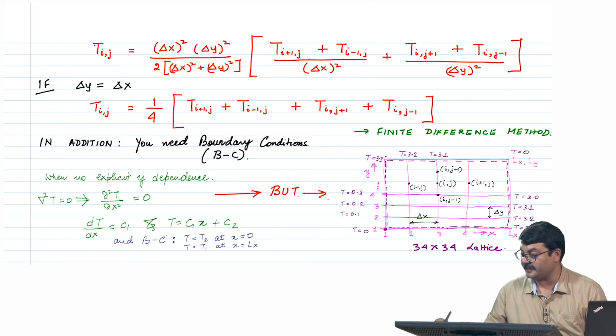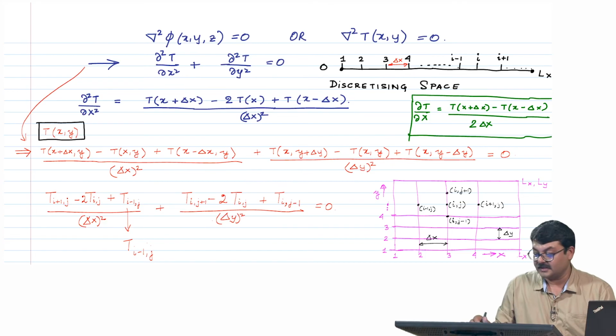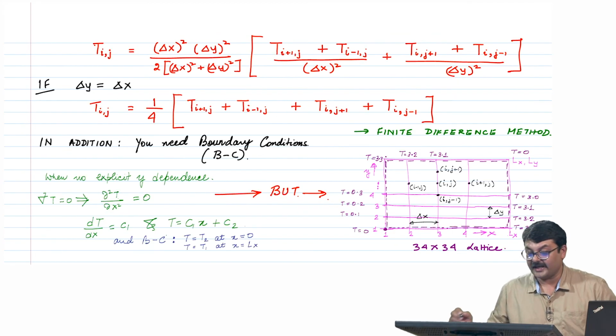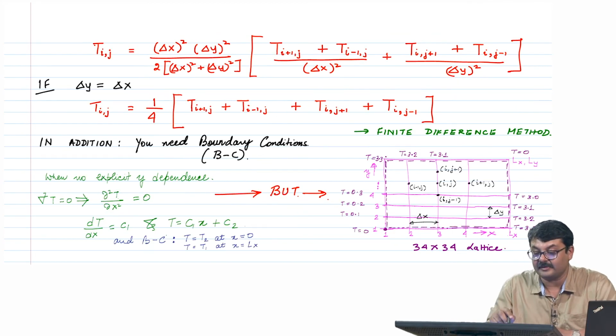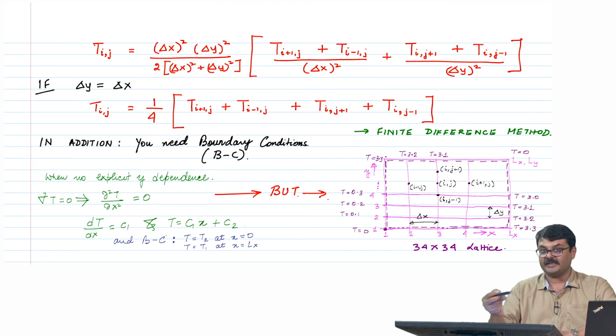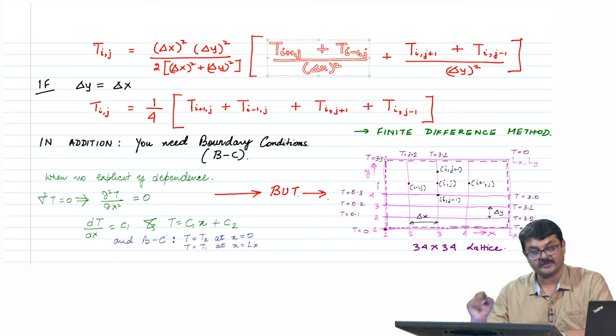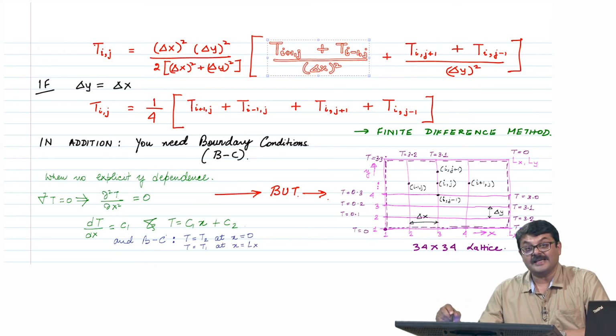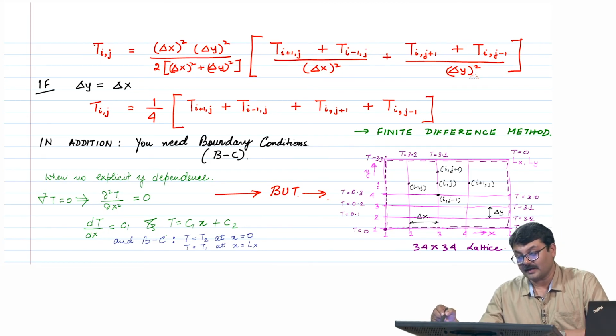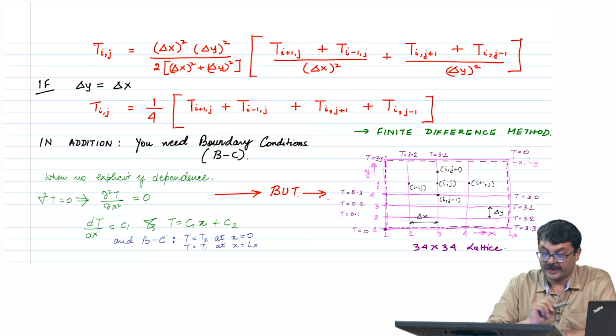I have just played around algebraically with this equation, and T i, j can be written as delta x squared times delta y squared upon 2 times delta x squared plus delta y squared. Please work it out, you will see that it will come. What remains within the brackets is T i plus 1, j plus T i minus 1, j over delta x squared, then T i, j plus 1 plus T i, j minus 1, and in the denominator you have delta y squared.